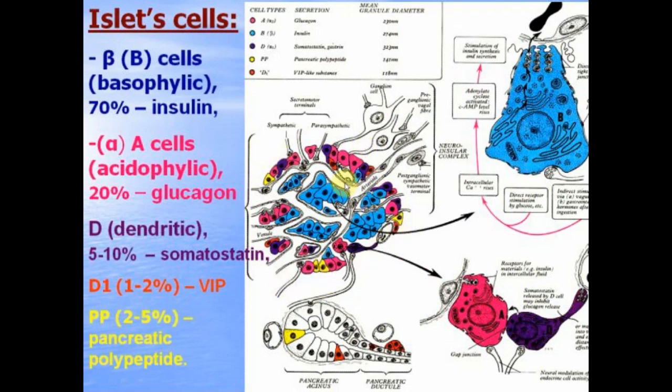The most numerous are beta or B cells, basophilic. They compose up to 70% of insulocytes and produce the hormone insulin, which stimulates the uptake of glucose from blood by tissues.